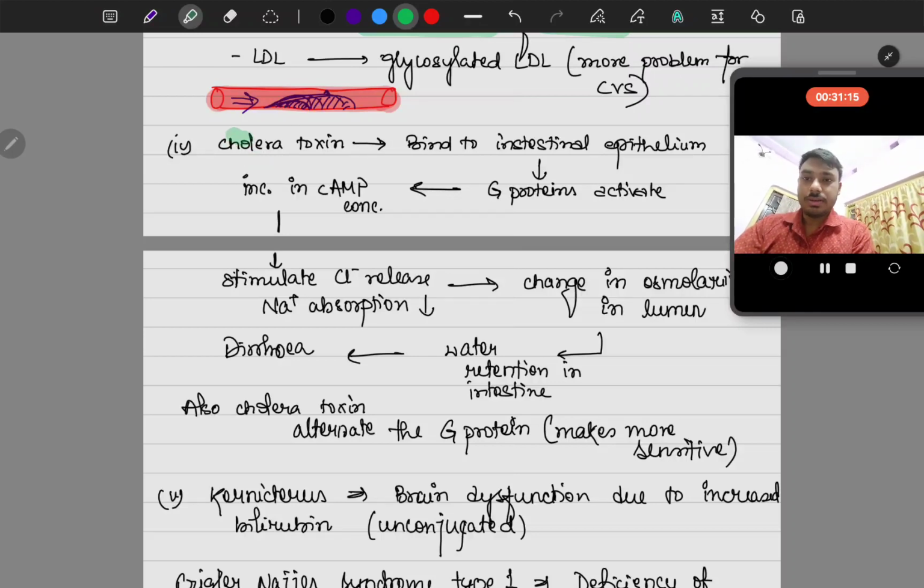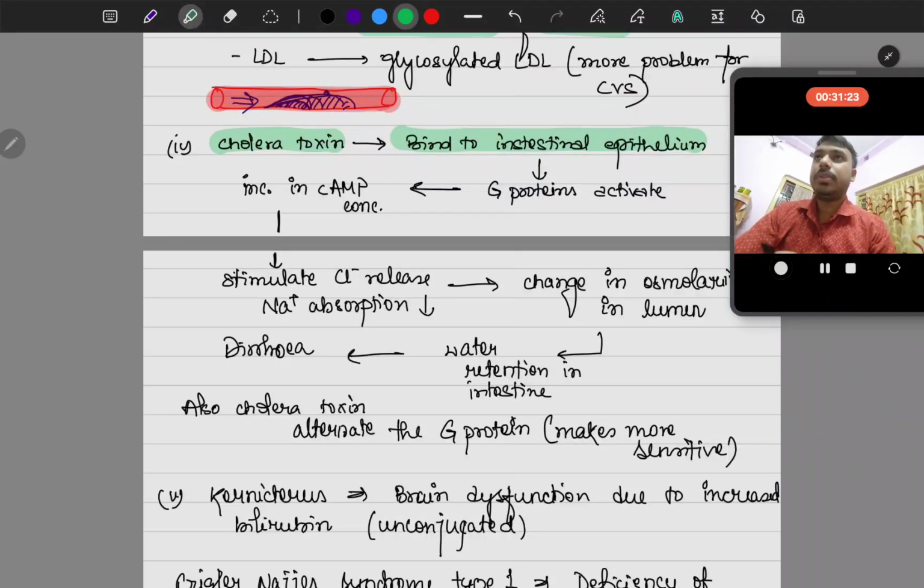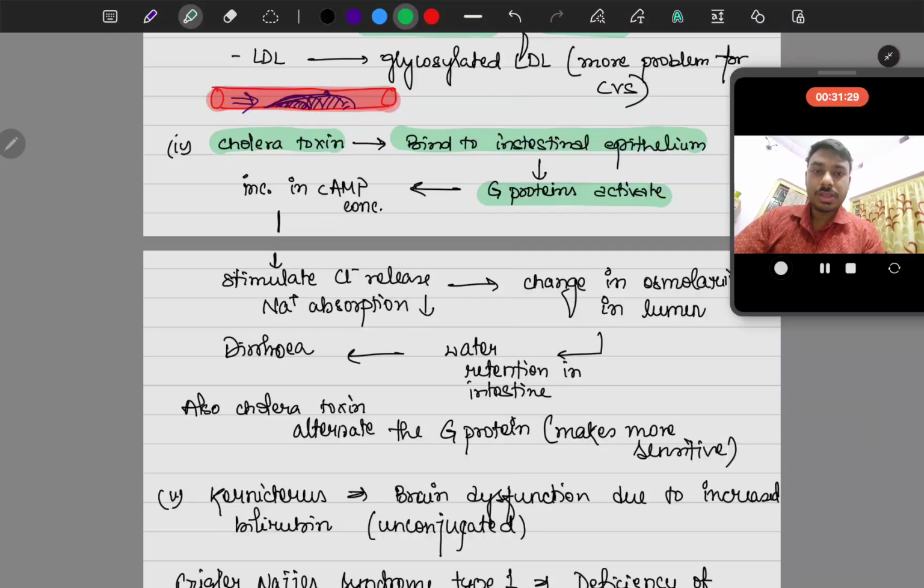The cholera toxin binds to the intestinal epithelium. Okay, binds to intestinal epithelium, and the G proteins are present on the surface of the intestinal epithelium. Okay, so the G proteins get activated.